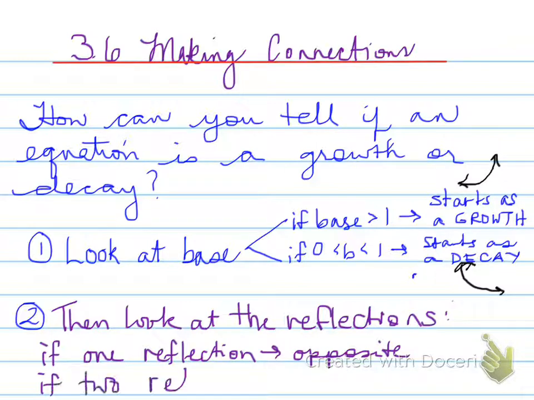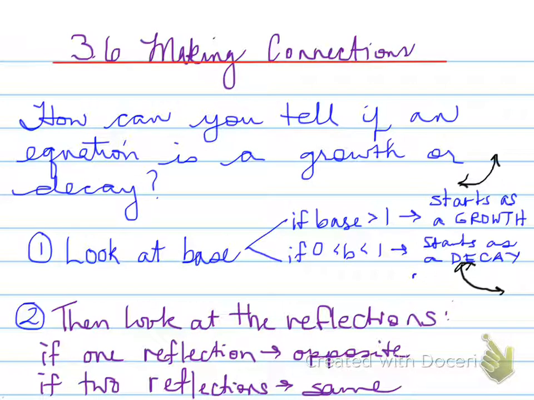Now, if there are two reflections, so a horizontal and a vertical reflection, then the function will stay the same type. So for example, if we looked at an original growth and reflected twice, the graph would look something like this. And that means that would be a growth.